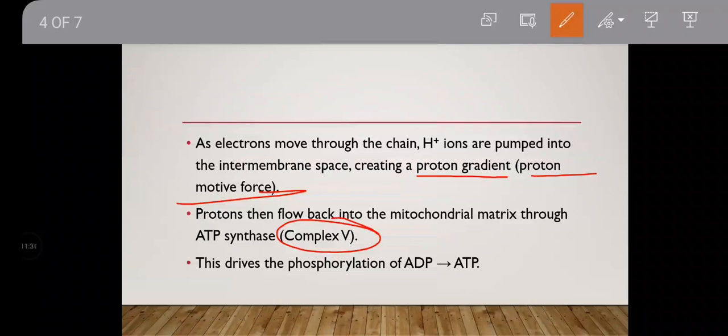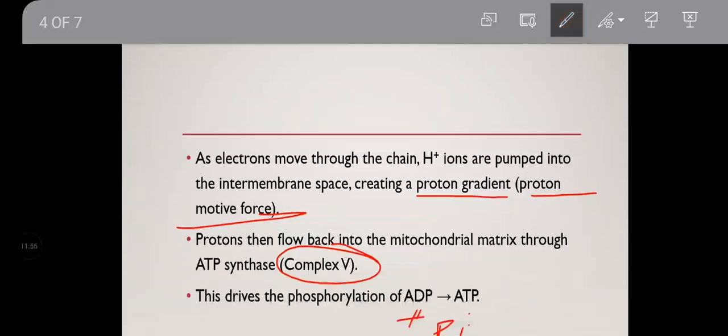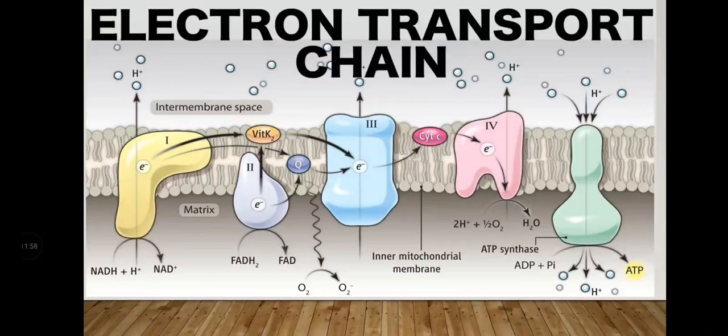ADP to ATP. So remember that ADP was reacting with the inorganic phosphate. That is what makes the process known as phosphorylation. We are adding a phosphate group to ADP. This is simply the same thing there.